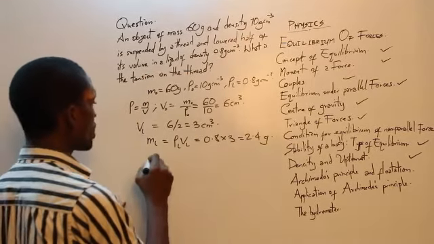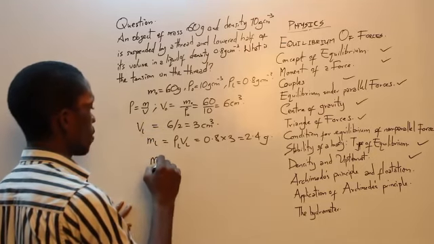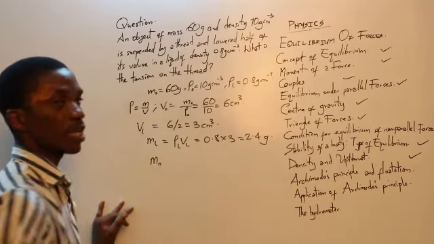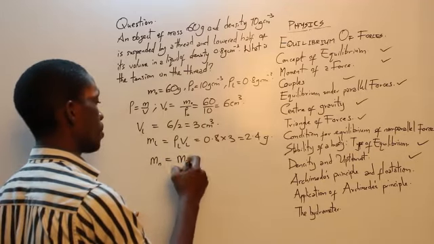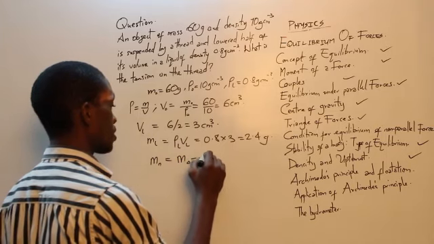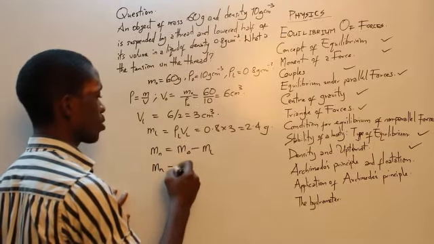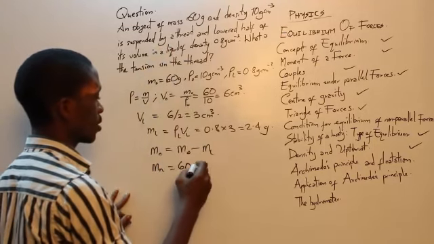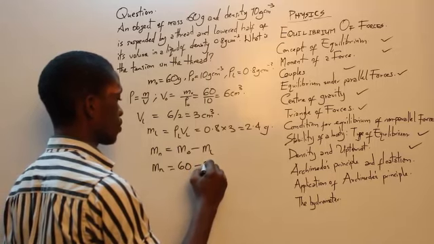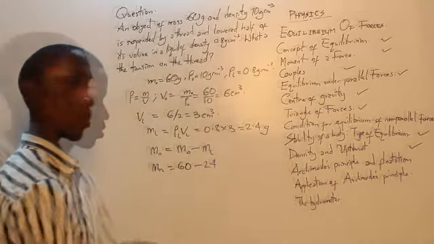So what will be the new weight of the object, the new mass of the object? The object's new mass, Mn, will be equal to the original mass of the object minus the mass of liquid displaced. My new mass would then be equal to 60, which is the original mass of the object, minus 2.4.